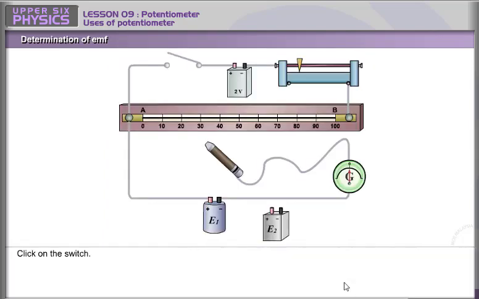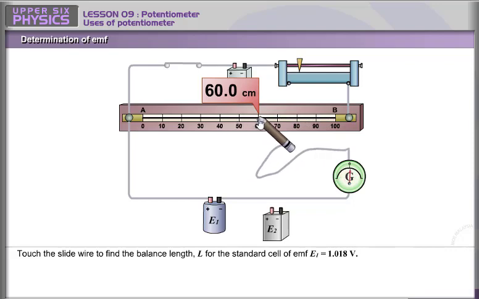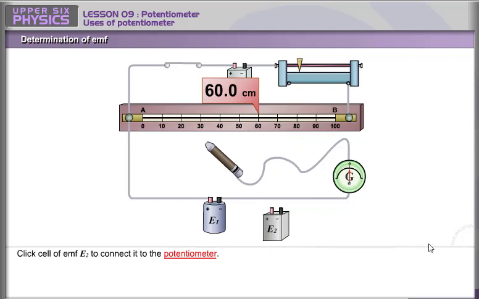Click on the switch. Touch the slide wire to find the balance length L for the standard cell of EMF E1 equals 1.018 volts. Click cell of EMF E2 to connect it to the potentiometer.